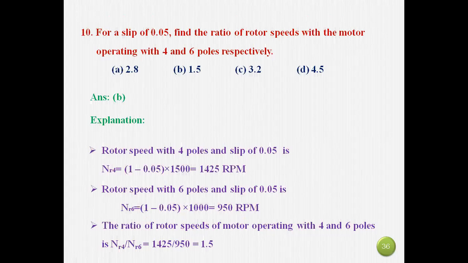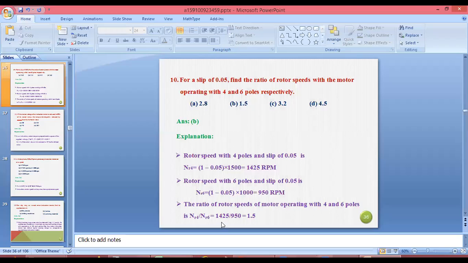Now you are supposed to take the ratio Nr4 upon Nr6 if you are solving. You can denote it by any letter. I am denoting it this way because they have given 4 pole, 6 pole. So Nr4, Nr6. If you solve, you will get 1425 upon 950. If you simplify, you will get the answer 1.5.